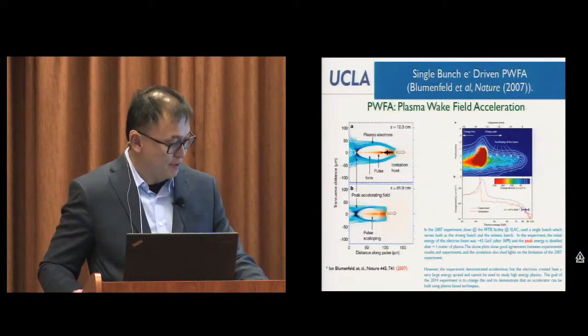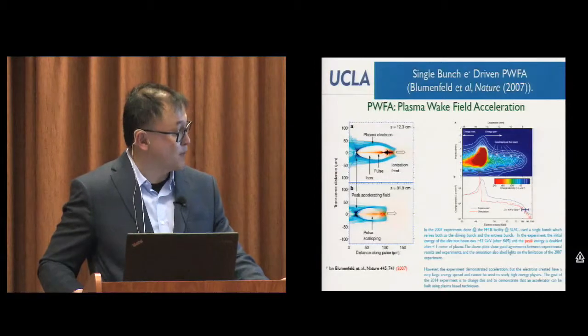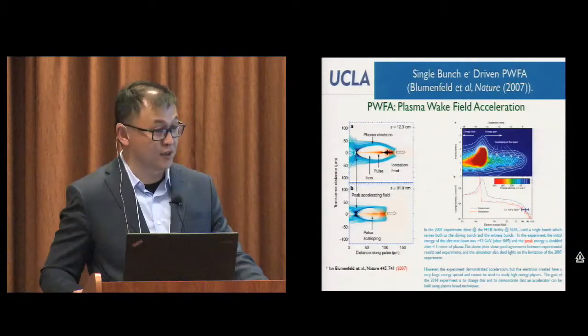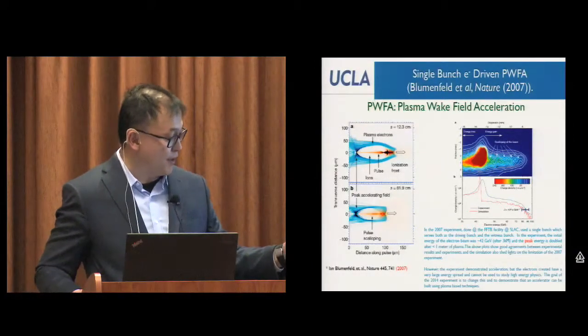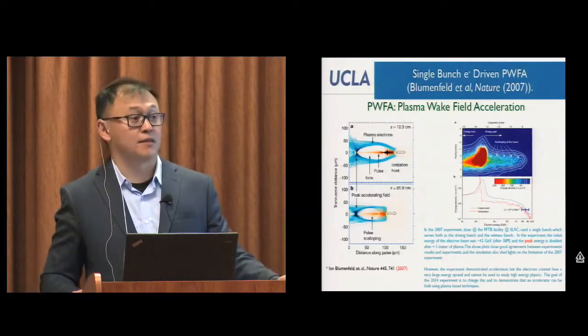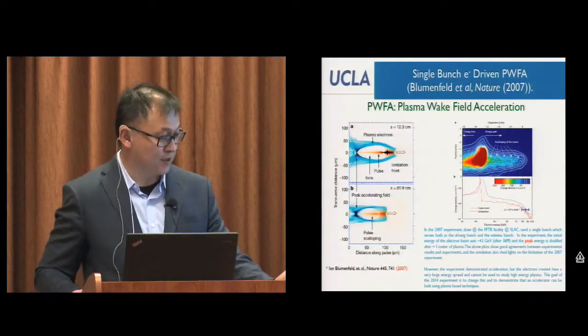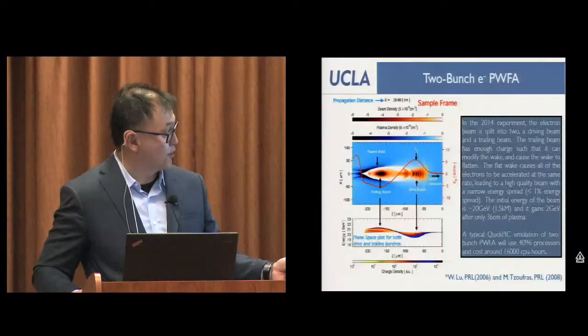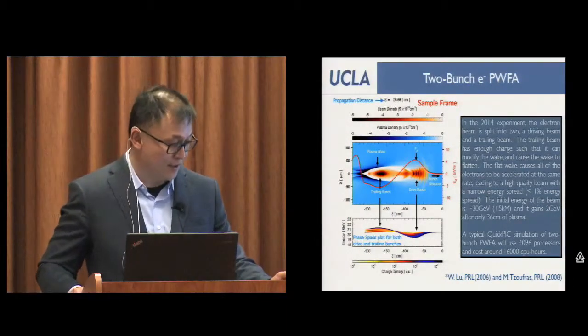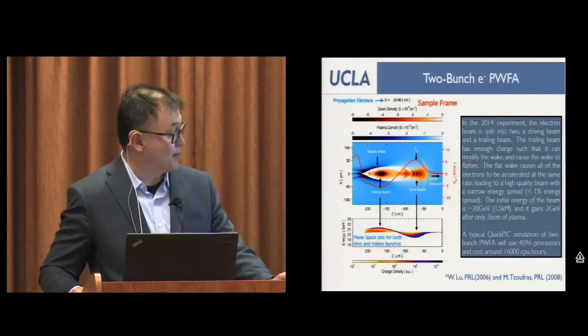I don't believe there's a limit in the current for plasma wakefield accelerators, because we actually use the accelerator beams to drive the wake, and the witness bunch also comes from a conventional accelerator. So I don't think current is a problem.